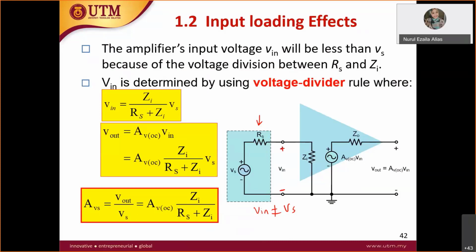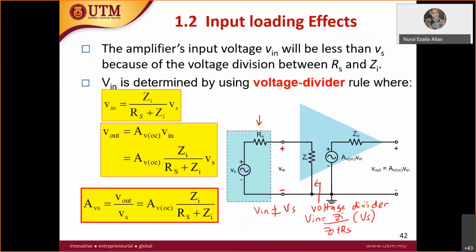In order to get your V in, I believe that you all know already, we can use the voltage divider rule. Therefore, V in here is equal to the voltage across that part, Z in, over Z in plus Rs, times Vs. So this is how you get your V in.